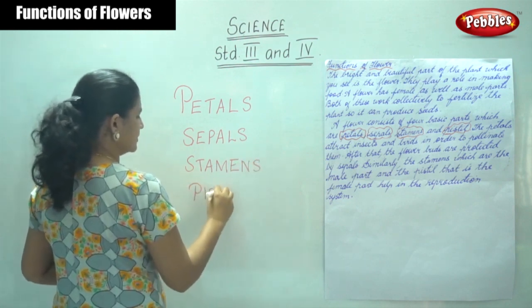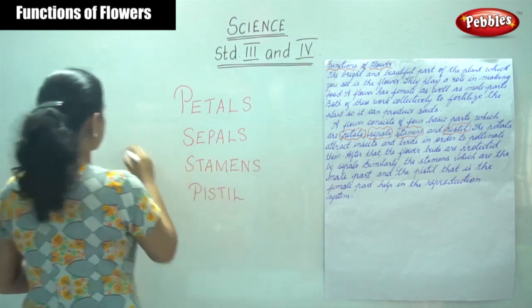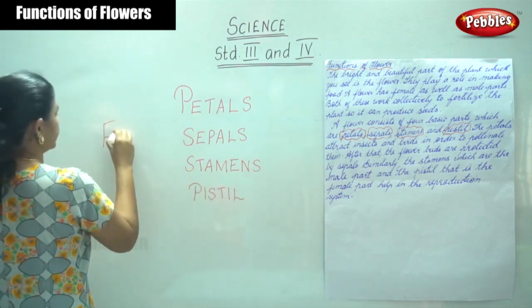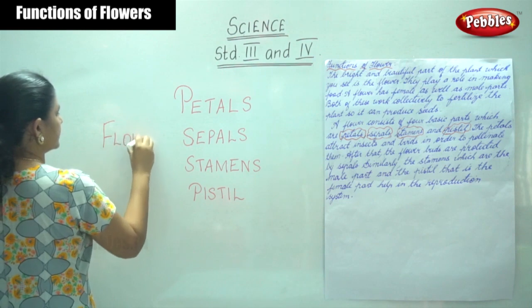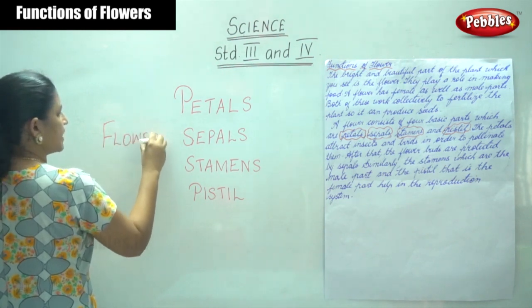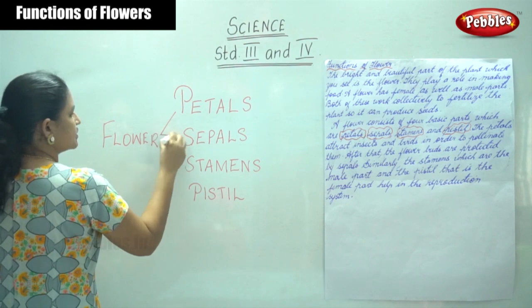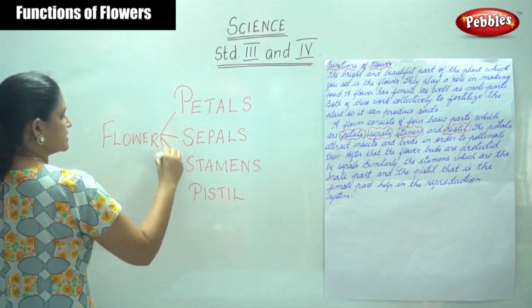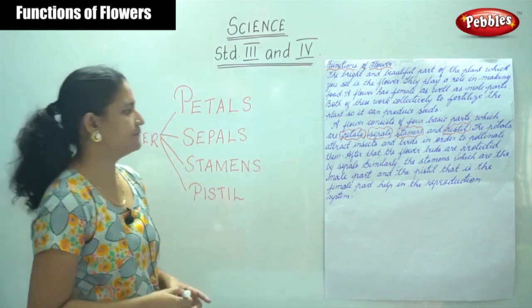So these are the four main parts of a flower: your petals, your sepals, your stamens and your pistil.